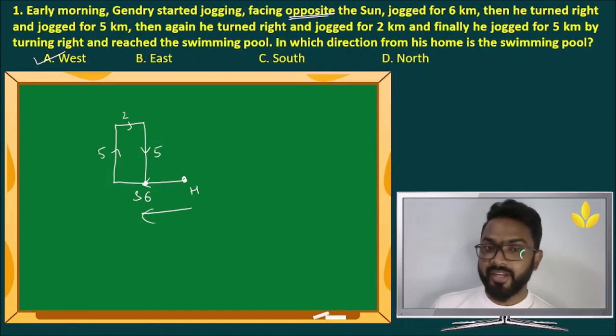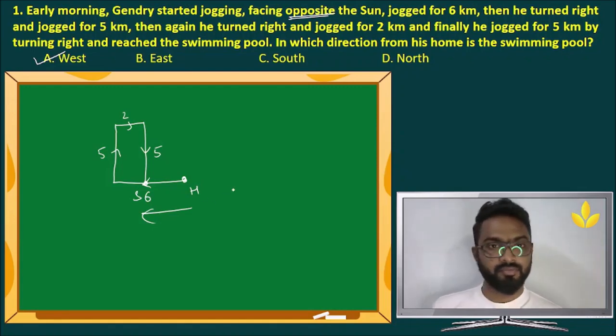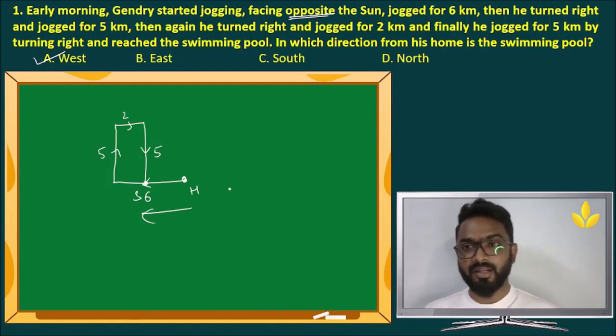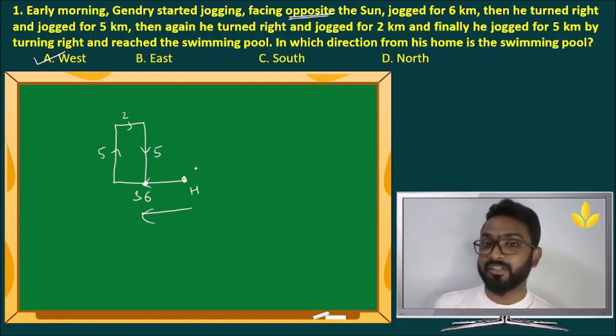So you need to be very careful about the dimensions also, not just the directions. Okay, let's move on. If at all a person would have read this question in the reverse manner, then they would have answered it as B. You should always be very careful about directions.